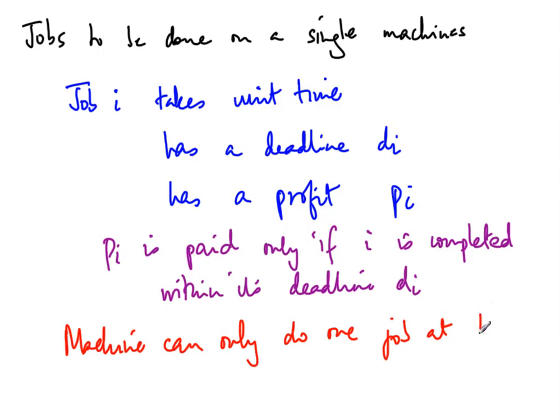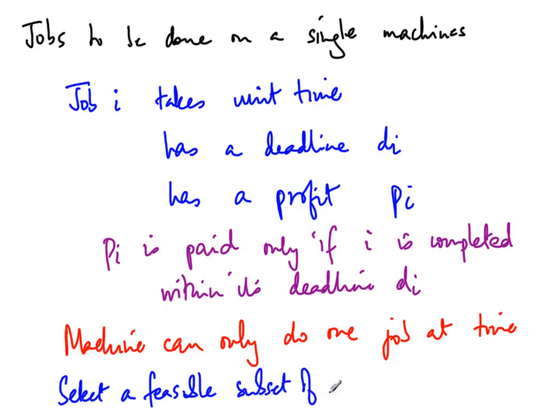So at each unit of time, the machine has to choose a job to execute and can only do one job. Right? So now the problem that we are trying to solve is to select a feasible subset of jobs to maximize the profit.